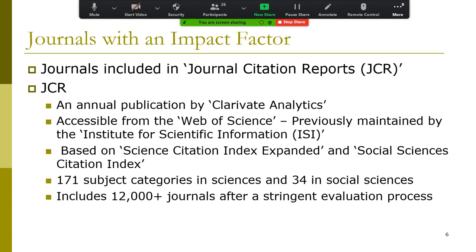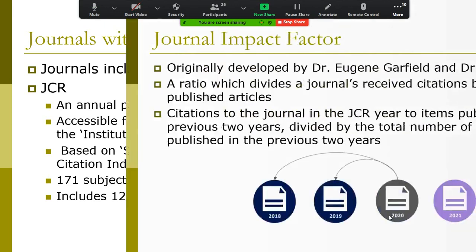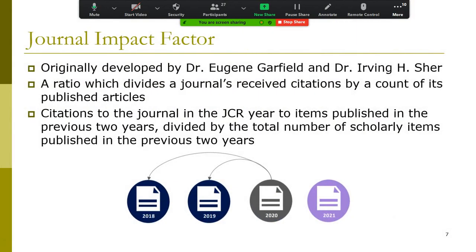After the introduction of JCR, we will go to the impact factor. What is impact factor? Journal impact factor, JIF. This is a formula originally developed by Dr. Eugene Garfield and Dr. Irving H. Sher many years ago. The purpose was to rank the journals, to help the librarians and the researchers in the selection of journals.